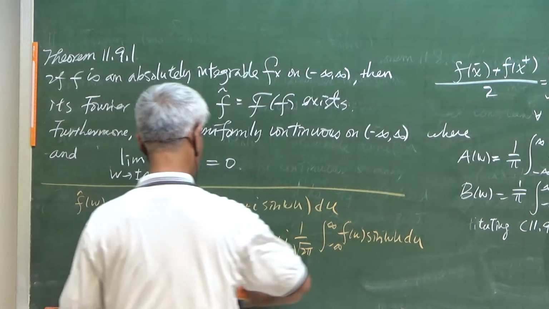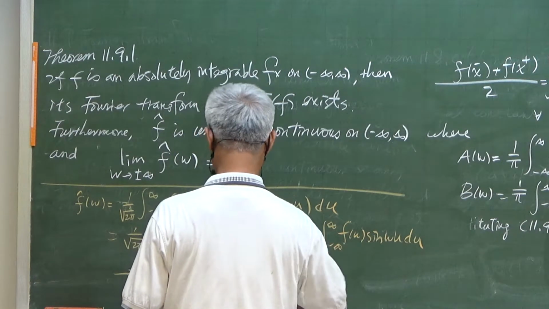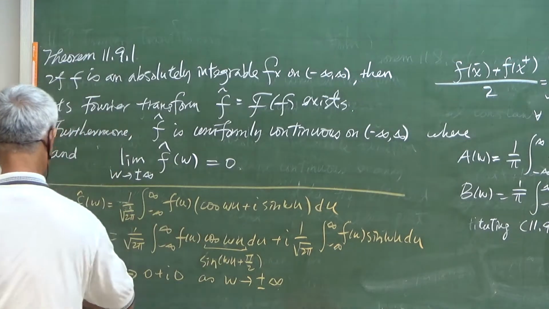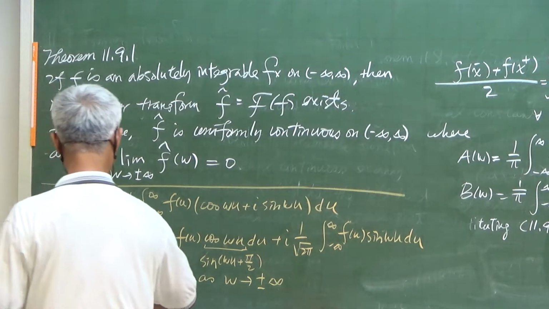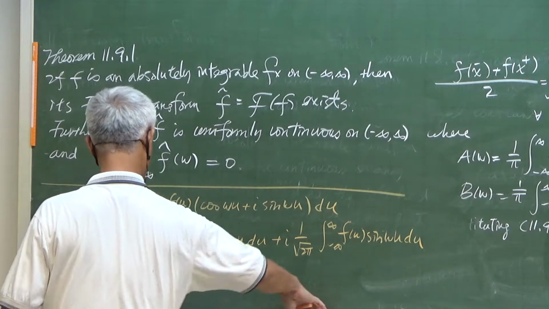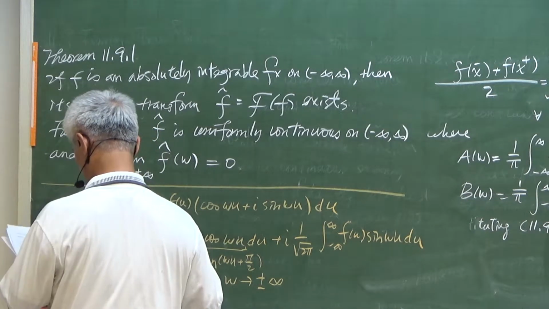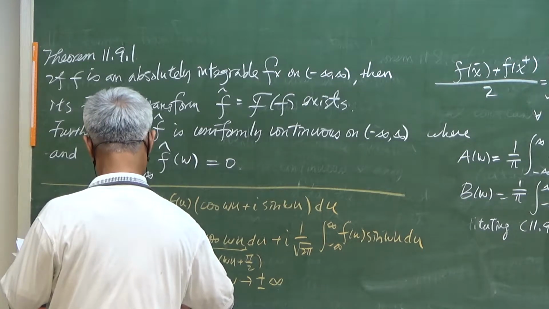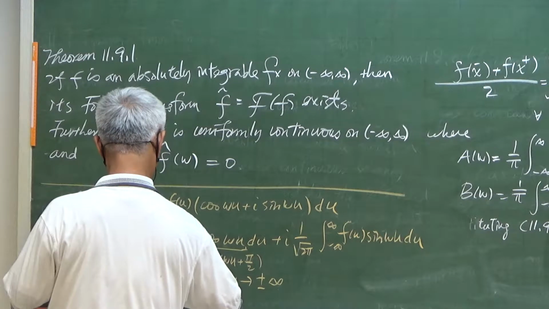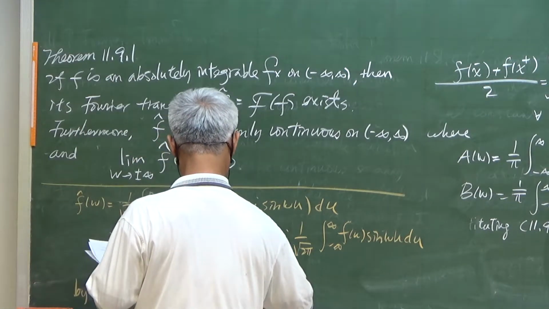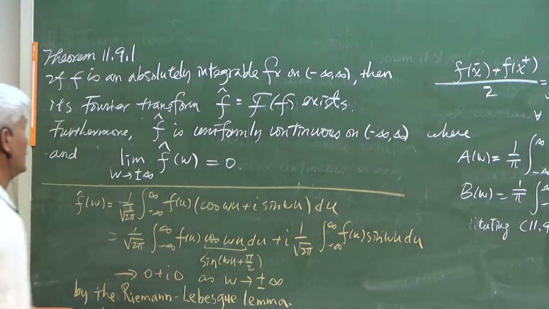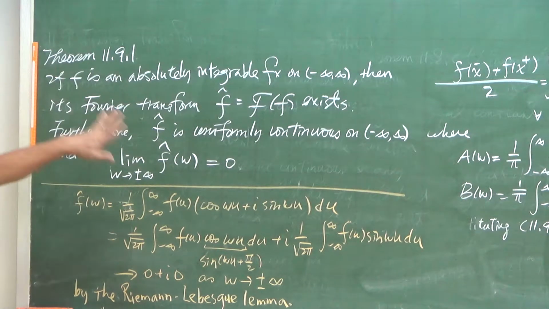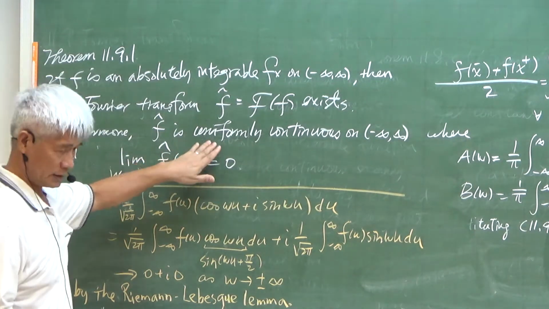Okay? So by the Riemann-Lebesgue lemma, this part is a consequence of it. But that the Fourier transform is uniformly continuous needs a proof.